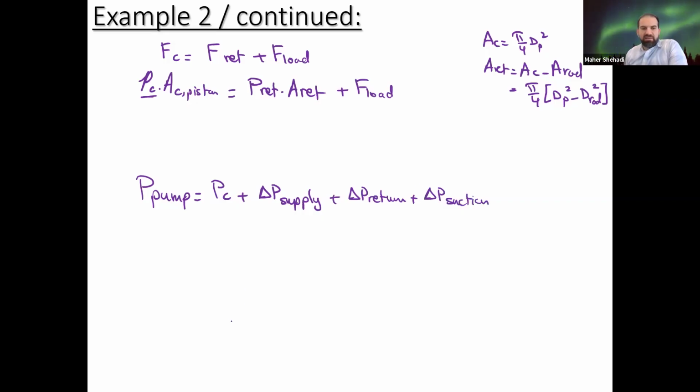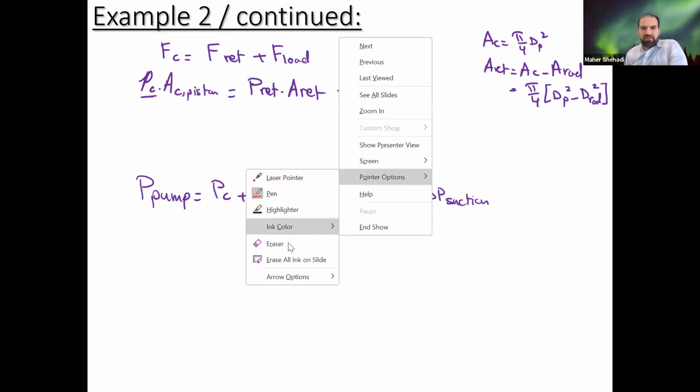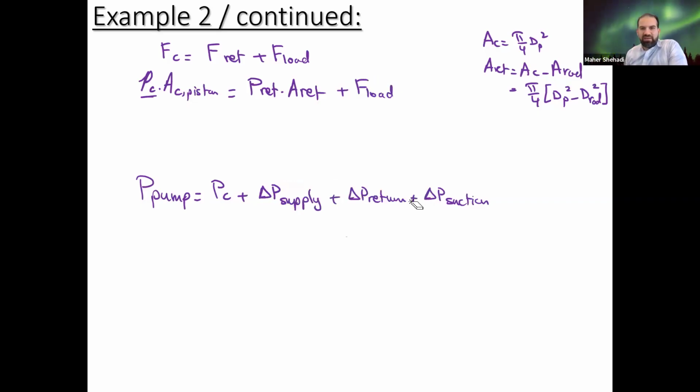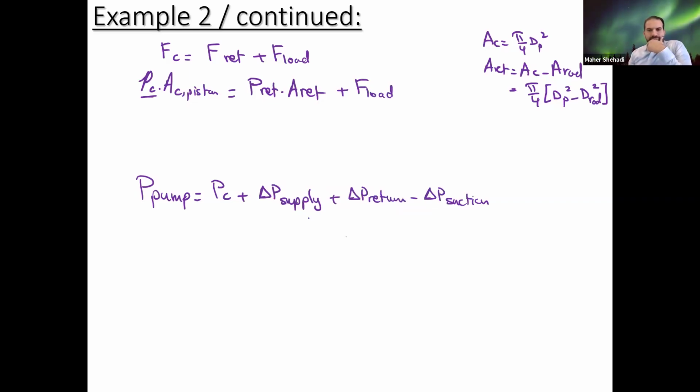Usually, actually, this is minus because it's that side, and that's why it's given in the minus sign. Okay. You can say just simply delta P for the pump is P2 minus P1. So P2 is all the supply. So that's what we see here, delta P supply, return, and PC, minus P1, which is basically the suction line.